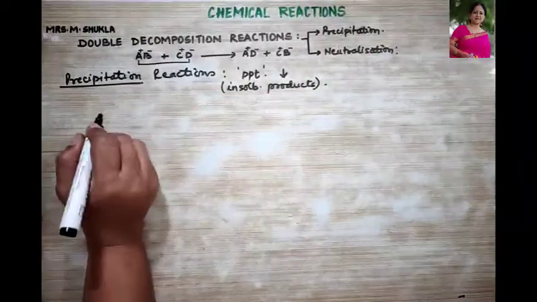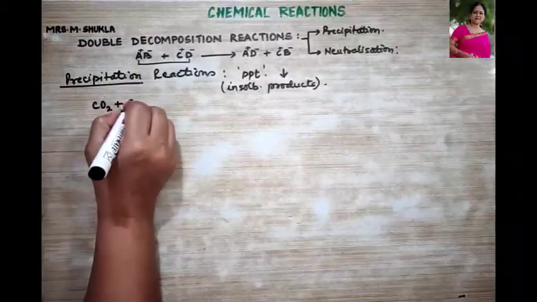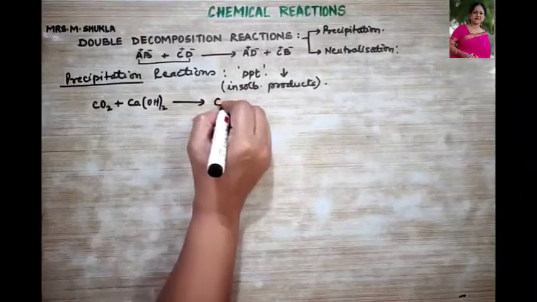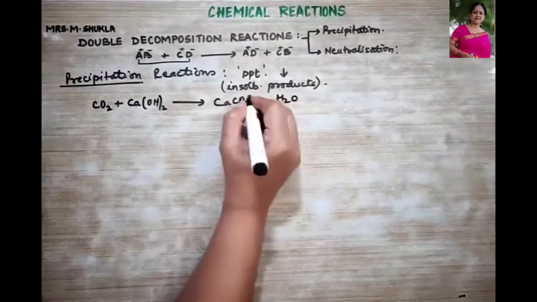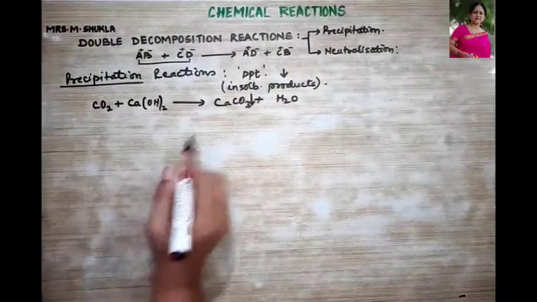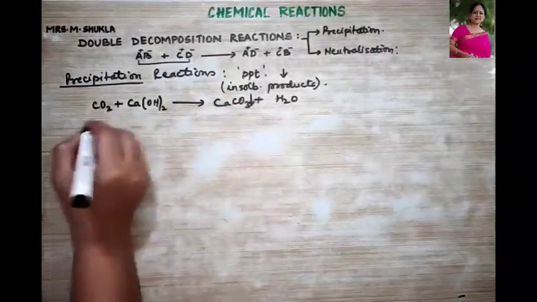For example, carbon dioxide, when it reacts with calcium hydroxide, gives us calcium carbonate plus water. This calcium carbonate is your PPT, the insoluble product that is formed.